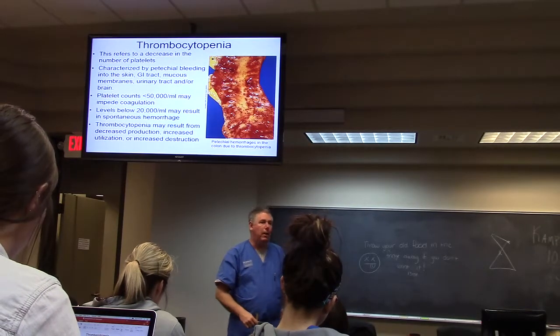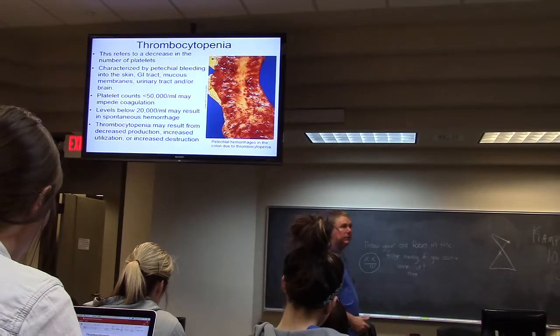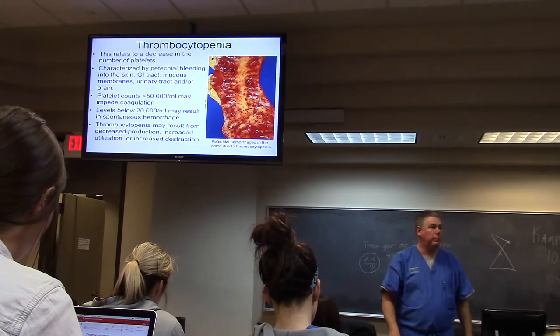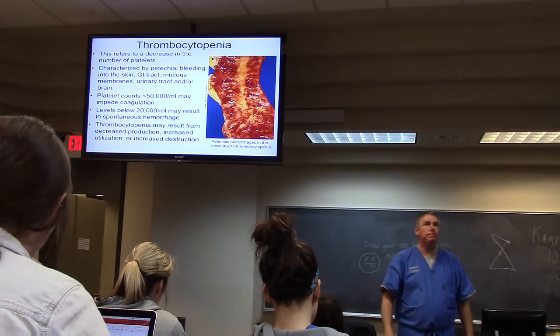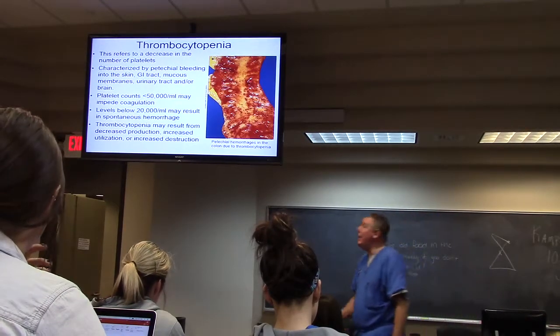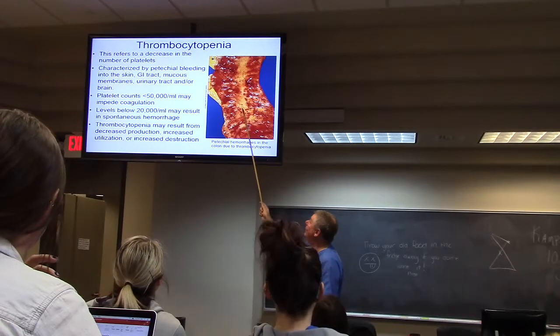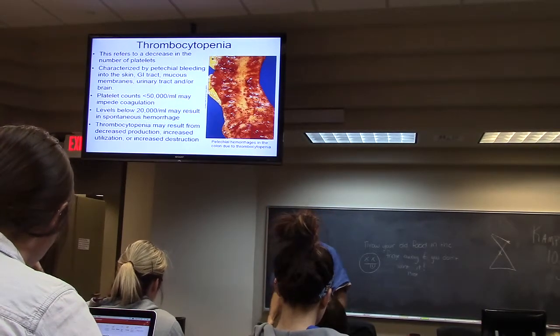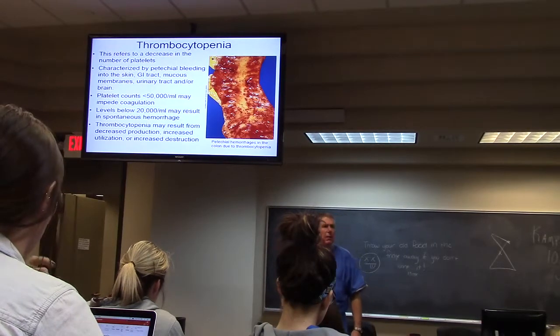That metal tends to tear up RBCs, tear up all the cellular elements in blood. You can see the petechiae right here. You see the little spots like that? That's petechiae. You get petechiae with a lot of viral infections. It's pretty common.